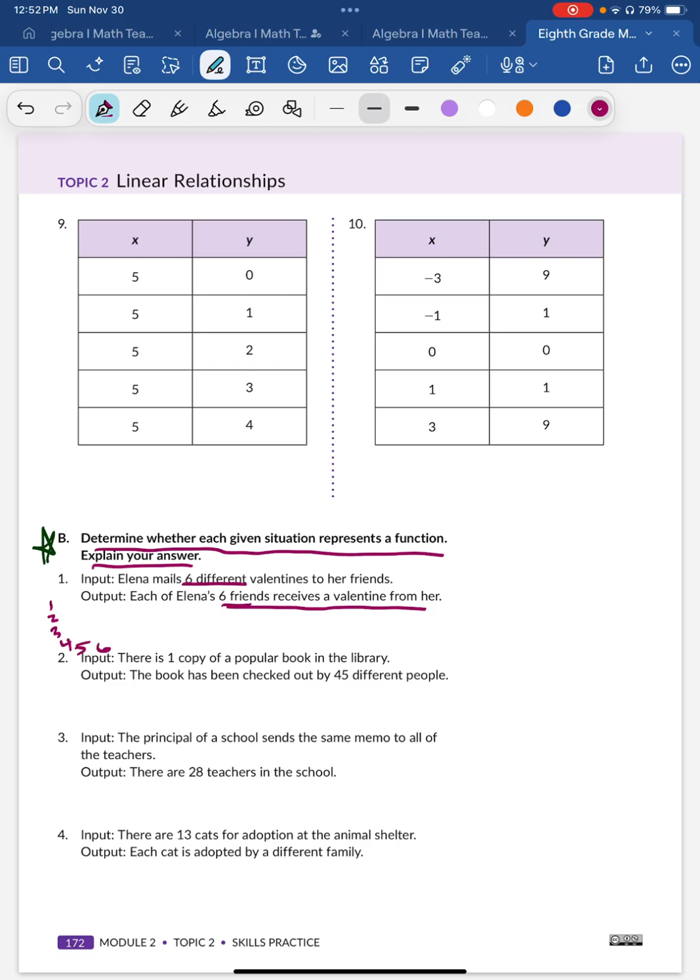And then friend A, B, C, D, E, and F. Since it says they're all getting a different Valentine, then that would be a function. It is a function because they're all getting a different Valentine. It tells you specifically that they're getting different Valentines.